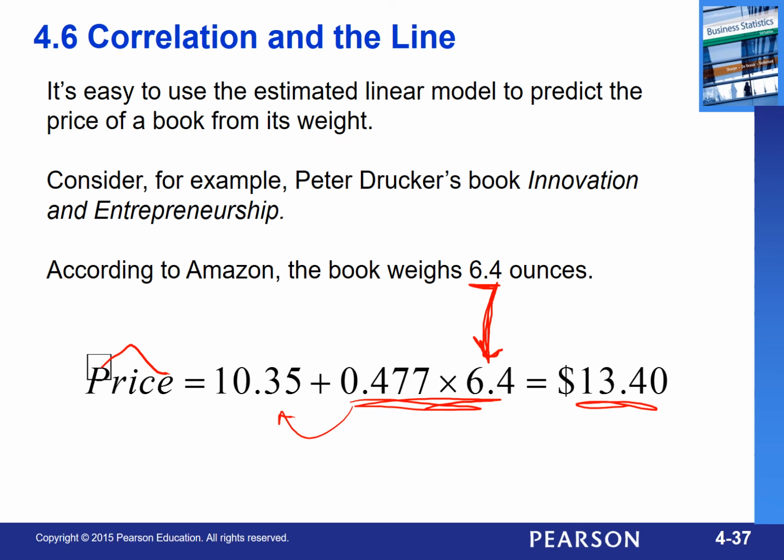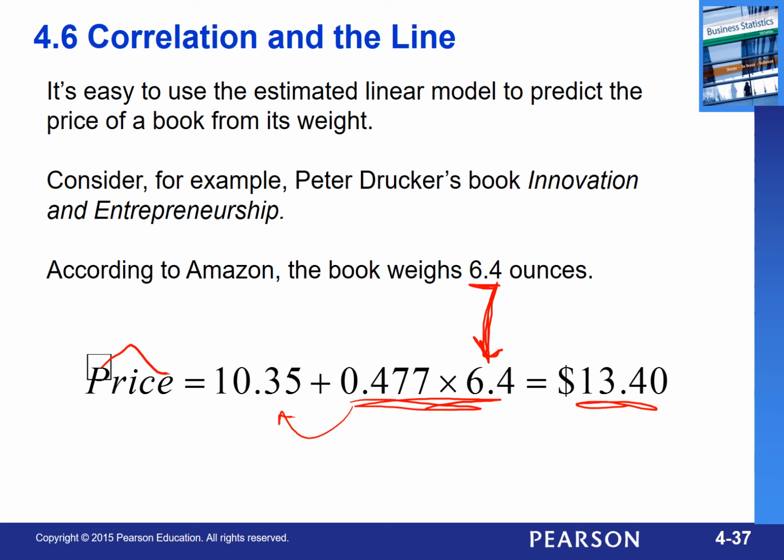So I took a book that previously has been used in the Innovation Marketing Management class, Peter Drucker's book, Innovation and Entrepreneurship. And in 2015, when I looked up its price on Amazon, I also was able to record its weight, which means I can use my price weight value association and linear regression line of best fit to predict what the price would be of Peter's book.